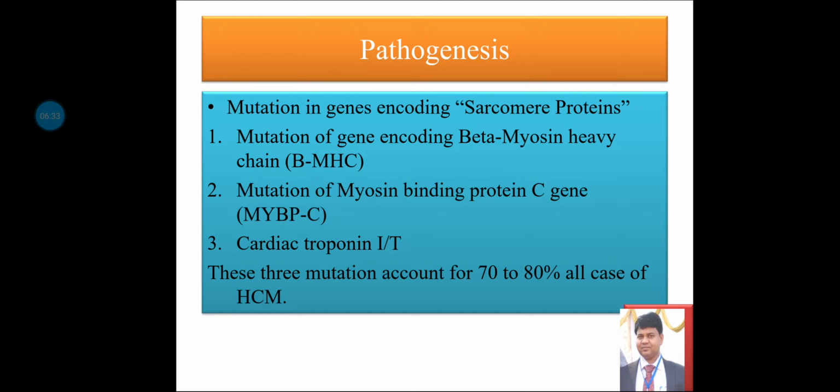Mutation of the genes which encode the sarcomeric proteins, out of these three are very important: the gene encoding beta myosin heavy chain, the gene of myosin binding protein C, and the gene encoding cardiac troponin T and I. All these proteins help in the contraction and relaxation of the muscles.